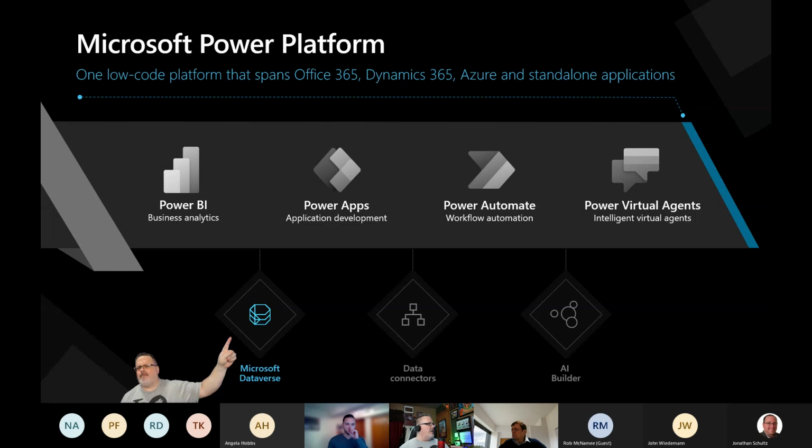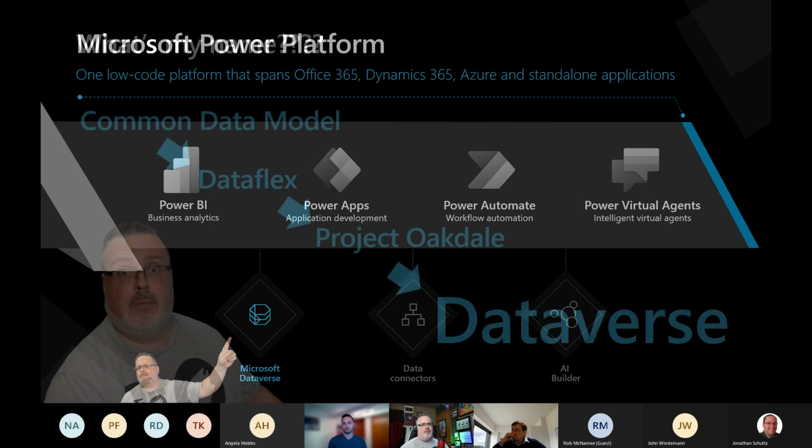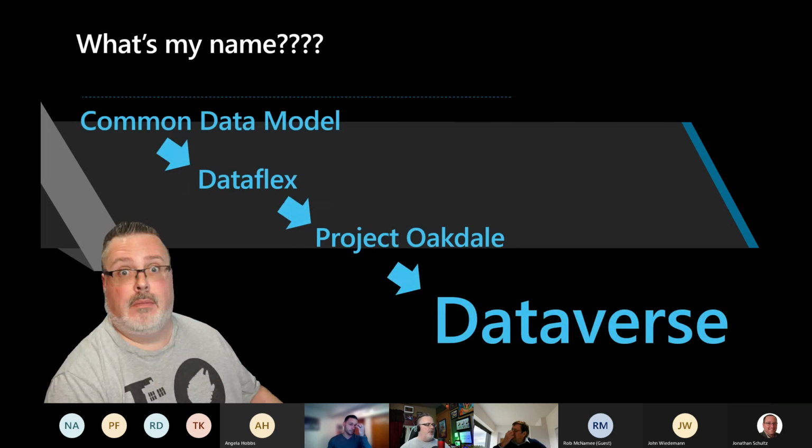Now, when we talk about the Power Platform and Dataverse, this may throw some people off because the Dataverse has gone through many different names out there. So if you're not familiar, the Dataverse initially was called the Common Data Model or Common Data Service.